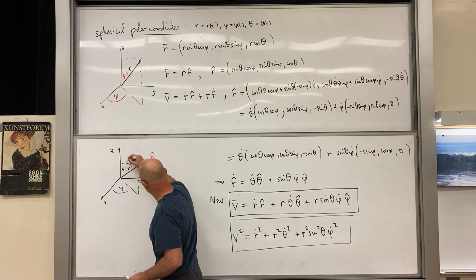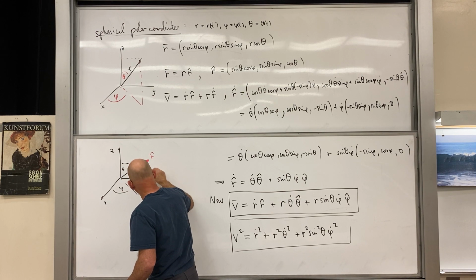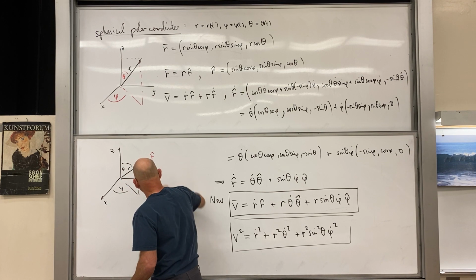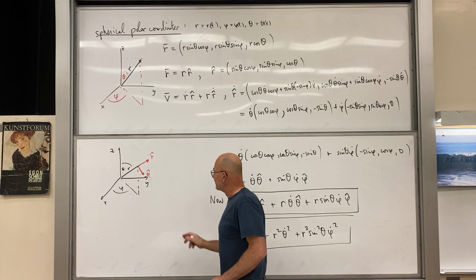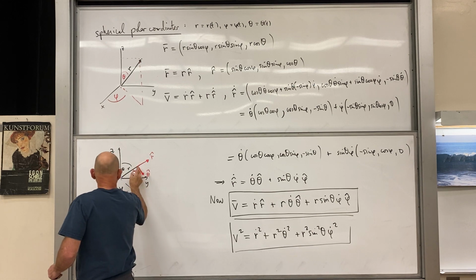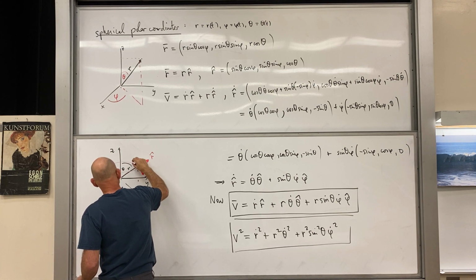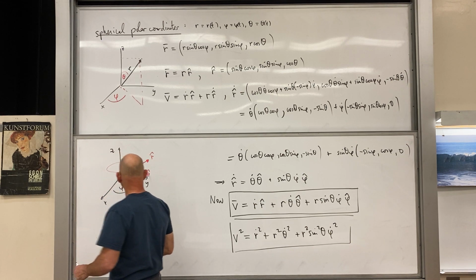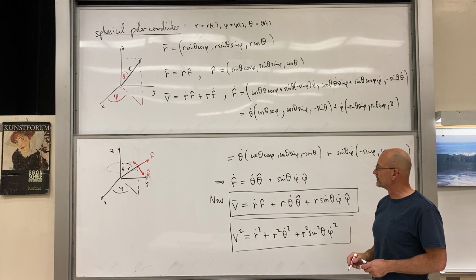Imagine if you were to sweep out increasing theta. So your theta hat is in this direction. Oops, that's theta hat. And the phi hat is sort of if you were going in a circle this way. Good luck. Okay, you guys do a better picture. That is not quite doing it.